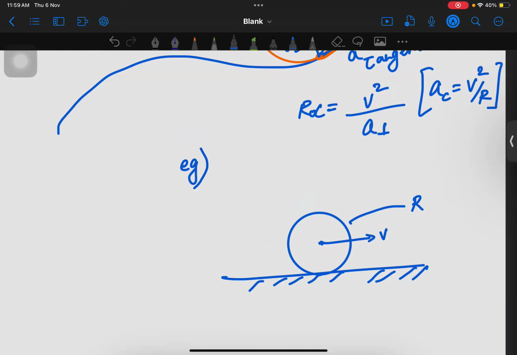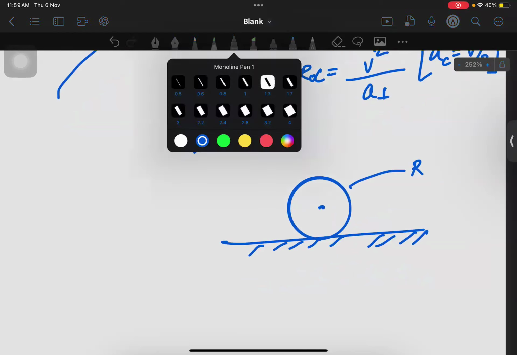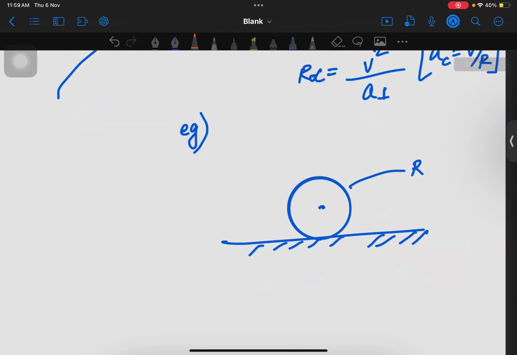And let's say that the only data given to you is the radius of this object. Fine. You're not given anything else. And you're asked to find out what is the radius of curvature of this point over here, the T point. Fine.